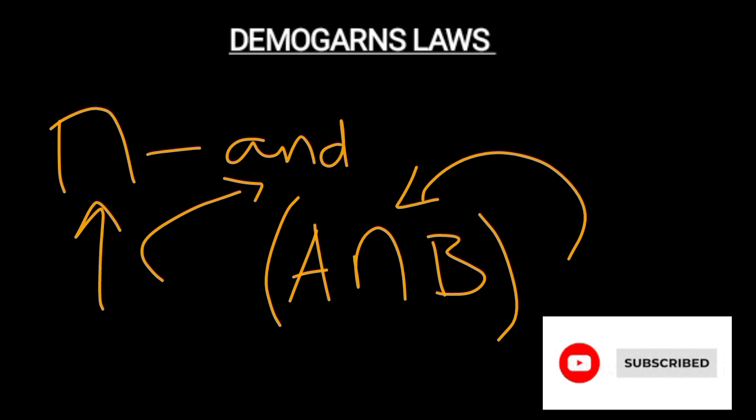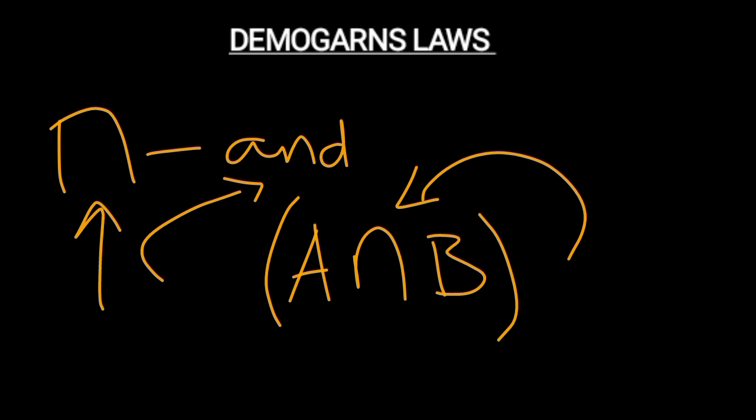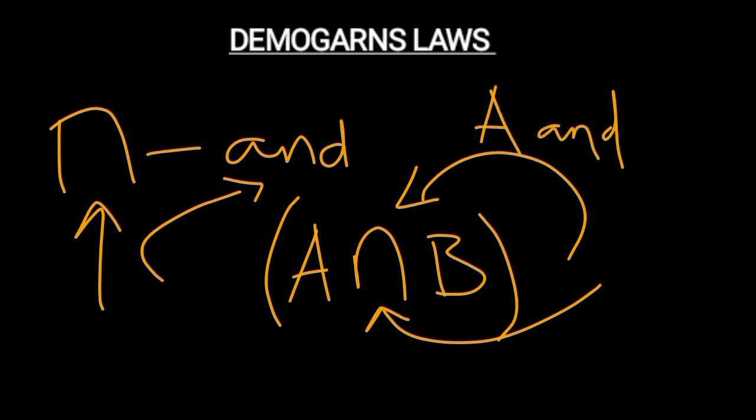Outside the brackets, we describe this set using the word for intersection, which is and. So we say A and B. That's basically what we are going to be talking about in this lesson.